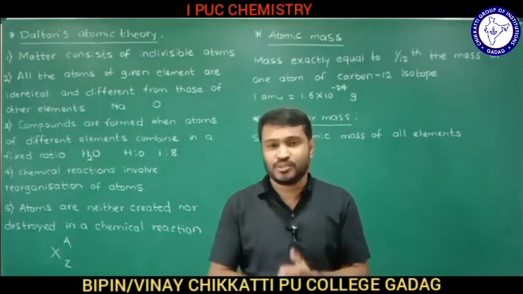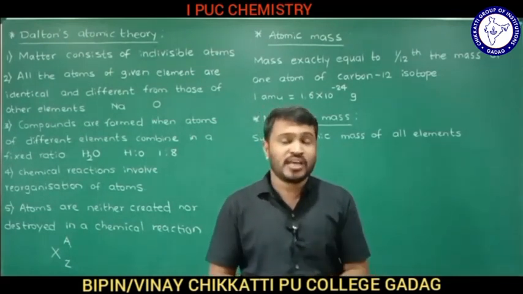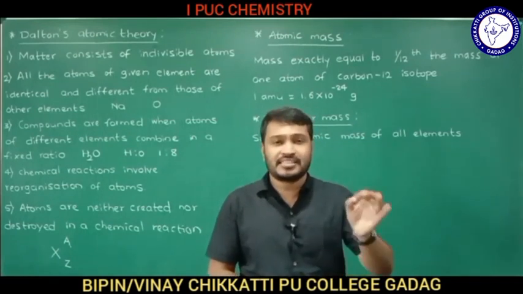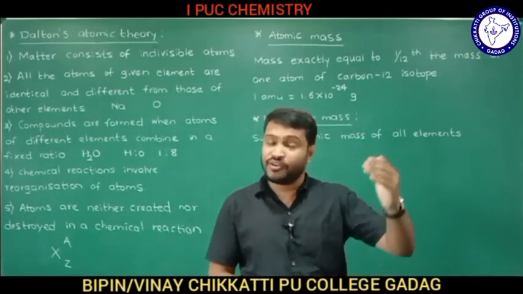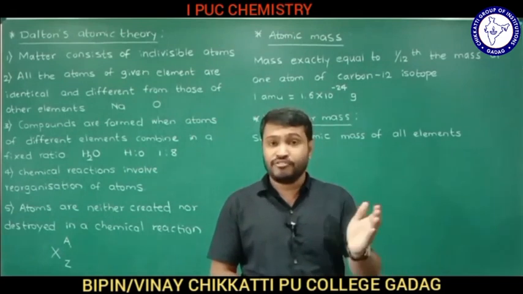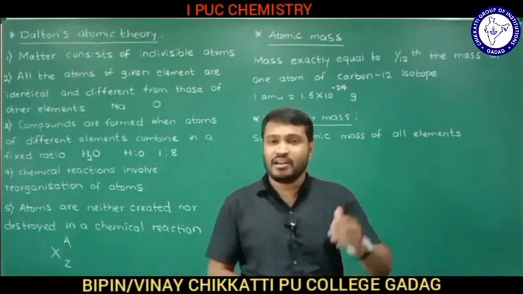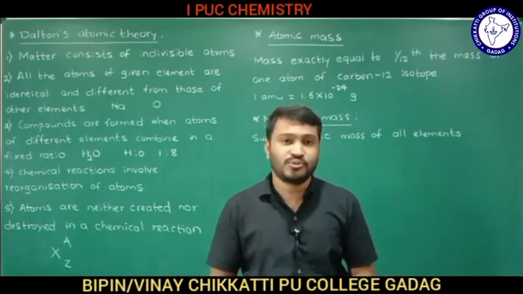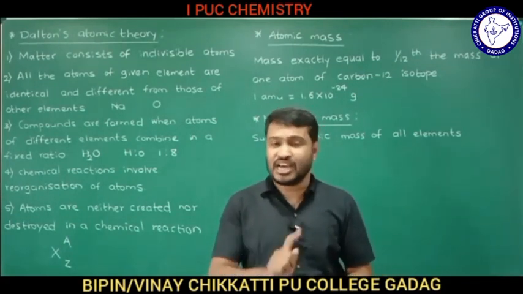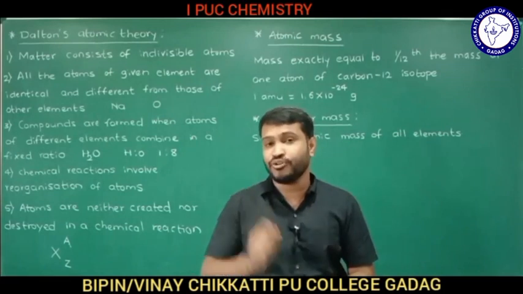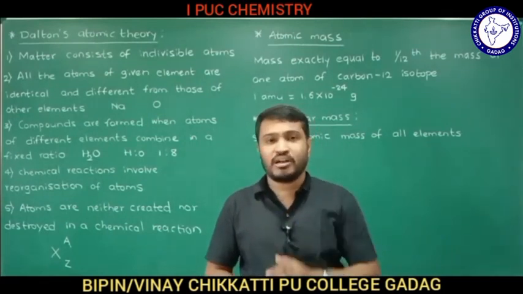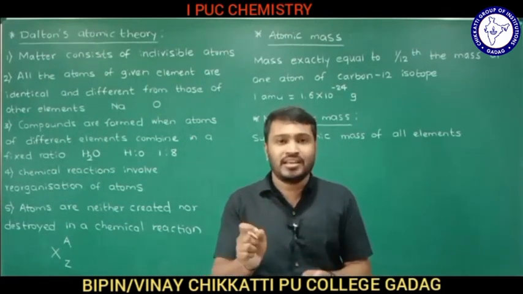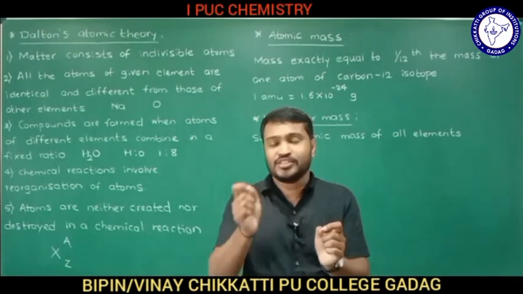Carbon has isotopes, and isotopes are nothing but elements which have the same atomic number but different atomic mass. If you consider some elements where the atomic number is same and atomic mass is different, we call them isotopes. So carbon has isotopes: carbon 12, carbon 13, carbon 14. These are the isotopes of carbon, whereas carbon 12 is the abundant isotope of carbon.